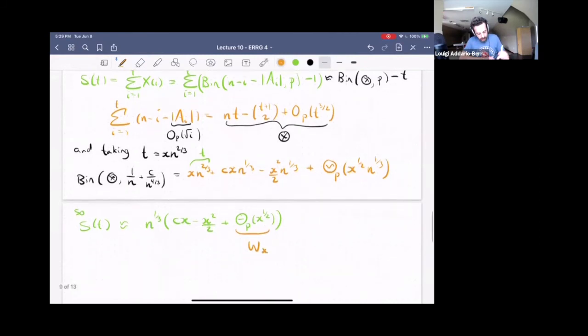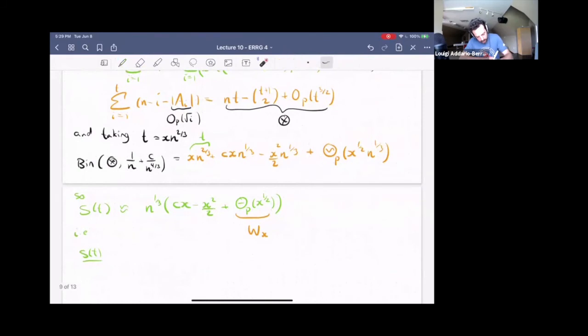Okay, so this is saying that S of t, maybe my lack of an n in the notation for S is a bit of a shame, but this process depends on n here. So S on n to the third is looking like cx minus x squared on 2 plus W_x, for x at least 0, just a standard Brownian motion.